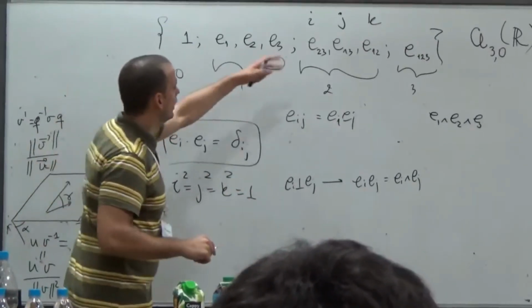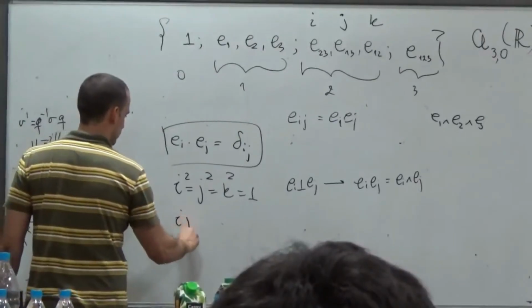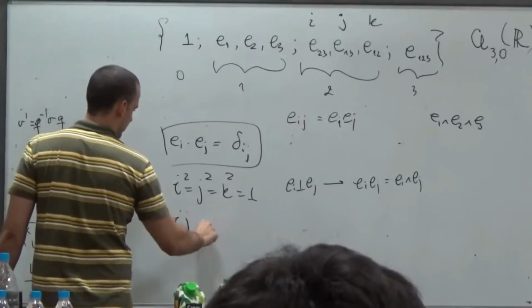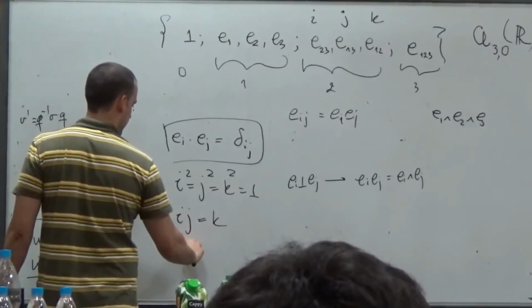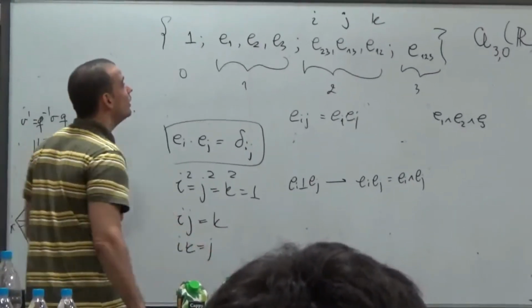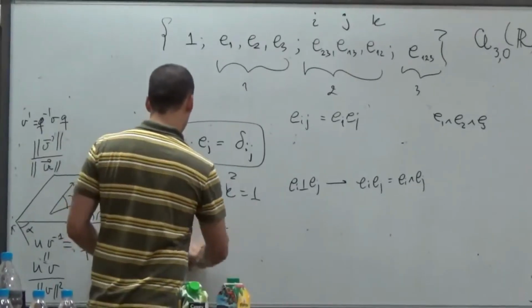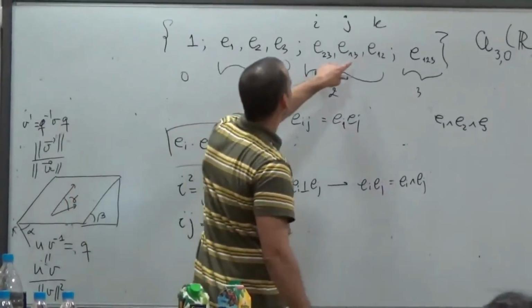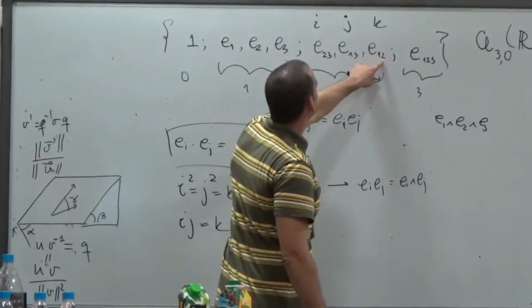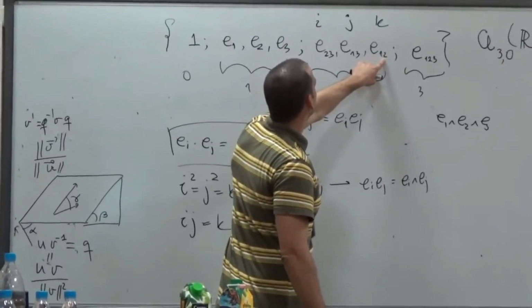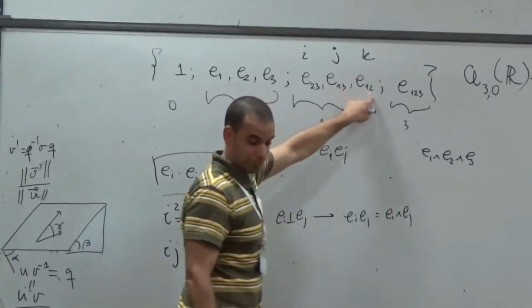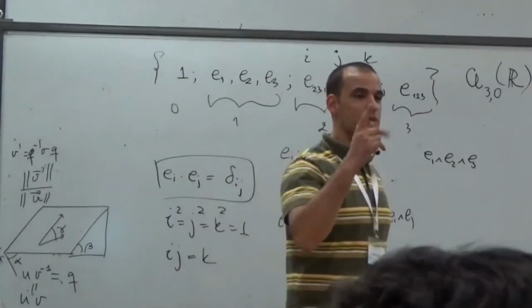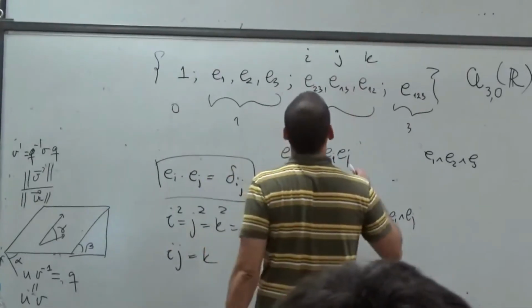And of course they have this beautiful multiplication table. ij equals k, ik squares. Wait, the way I've written those, there's going to be one minus. There's going to be one minus.